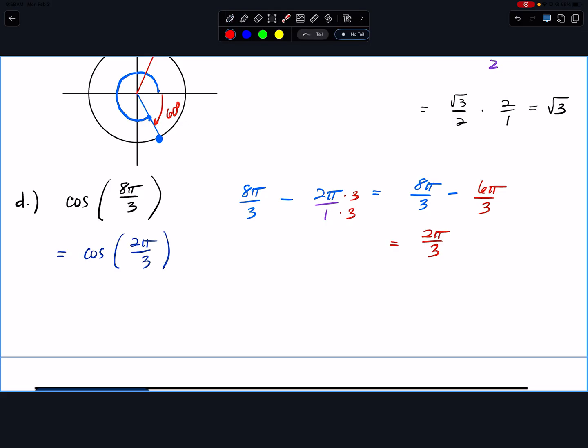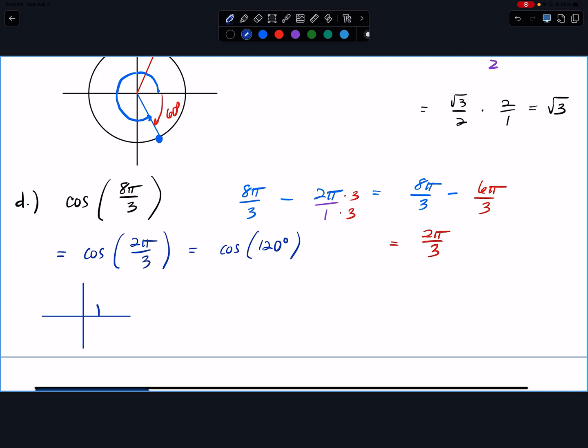So remember, pi over 3 is the same thing as how many degrees? 60. What's 60 times 2? 120. So this is going to give me the same answer as the cosine of 120 degrees. Okay.